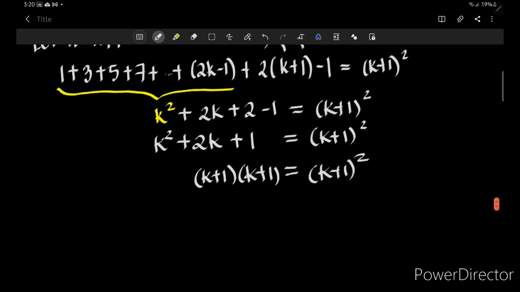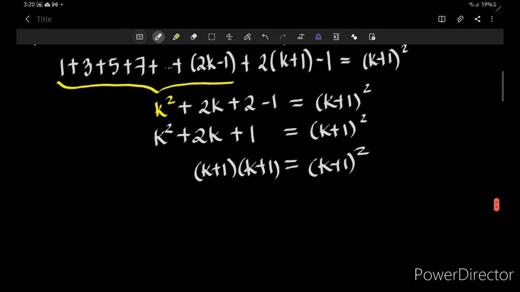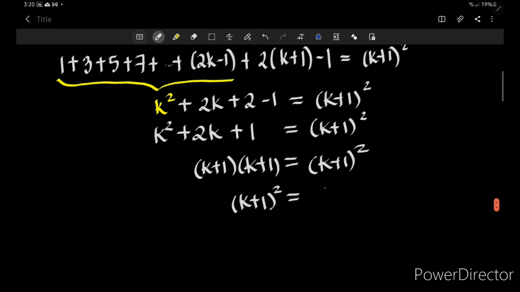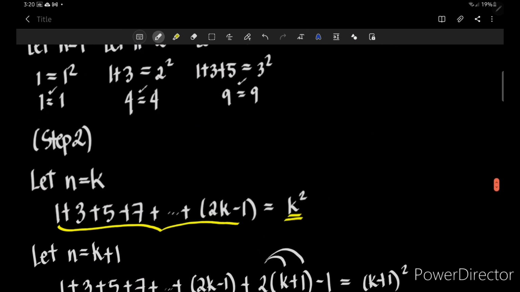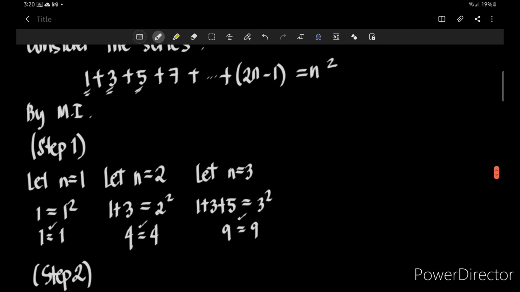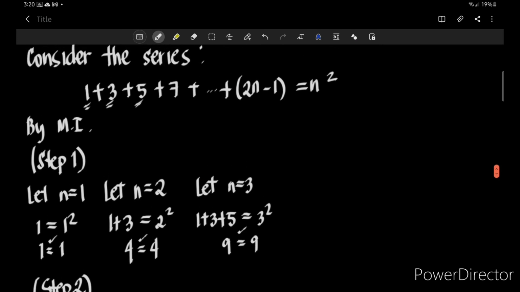Then, yung nasa left side is also, or it can be written as k plus 1 squared equals, then equal na sila ngayon, k plus 1 squared. And we prove na ito ay gumagana sa lahat ng values ng n. Kahit anong value ni n, it is always true.